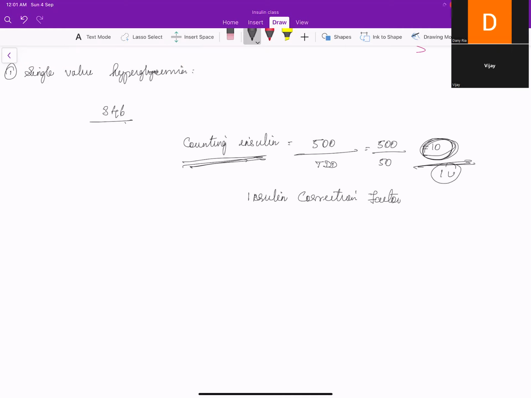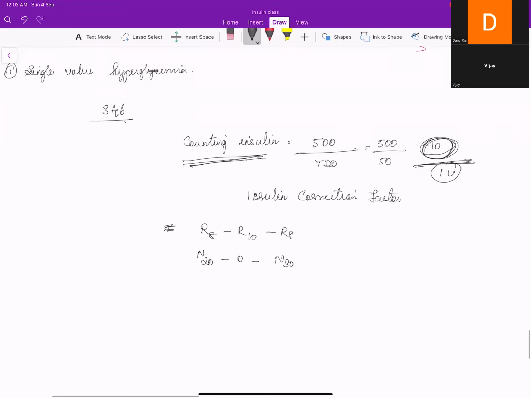Okay, so I'll give another example. The patient is taking insulin like this: R8, R10, R8, N20, 0, N30. Remember, N can be given twice daily also. I told you it is preferable to give in the night. Some divide it also.